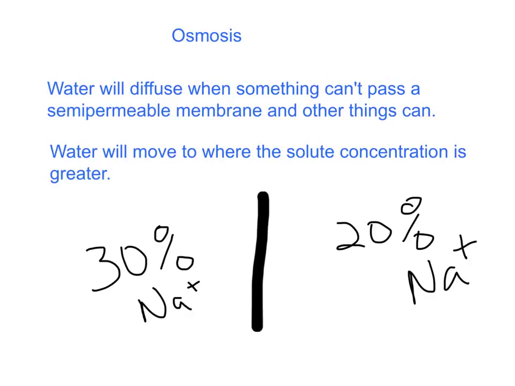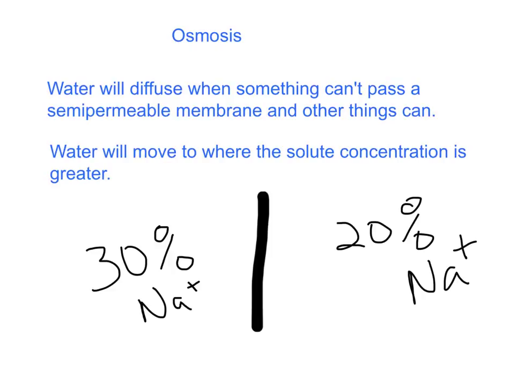We're assuming that in a living system, the solvent is water. So here we have 20% sodium, therefore 80% water. And here we have 30% sodium, therefore 70% water. But whatever. Let's just remember that water is going to move. If sodium cannot move, then water is going to move to the area of greater solute concentration.